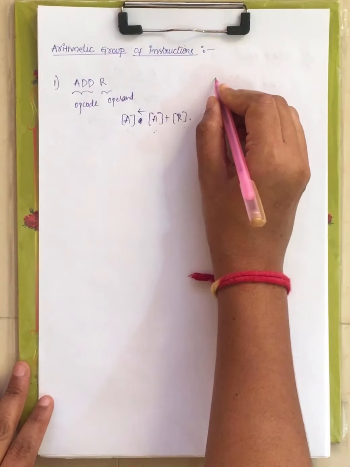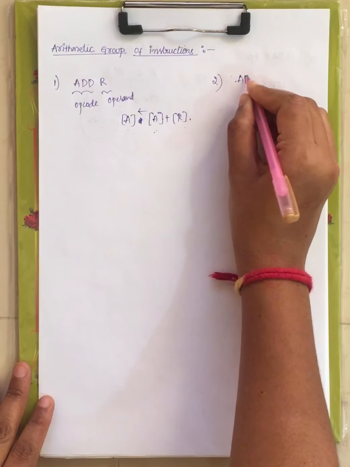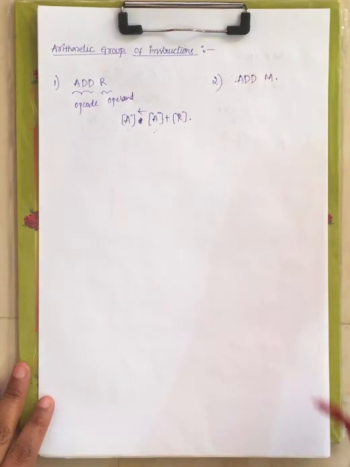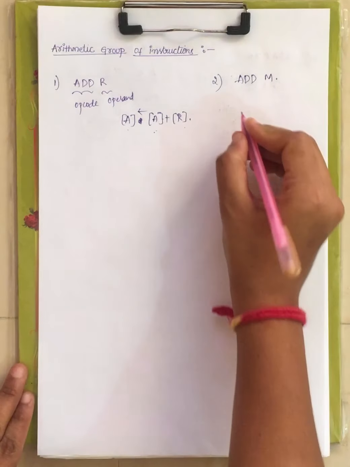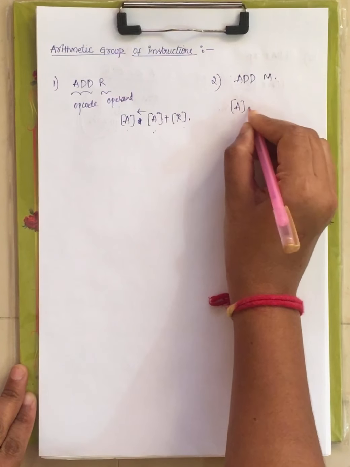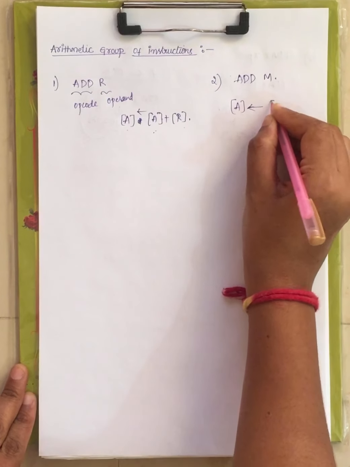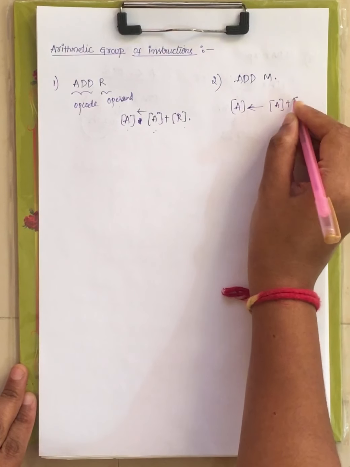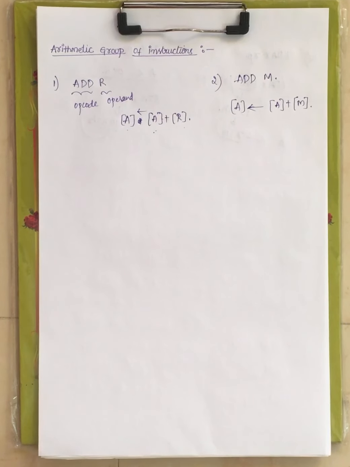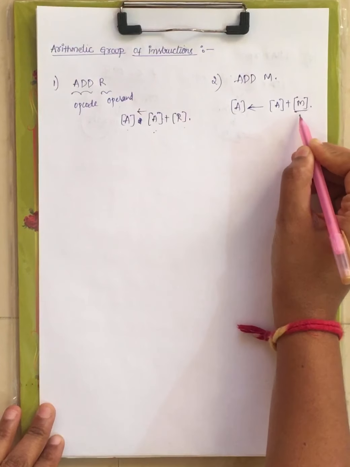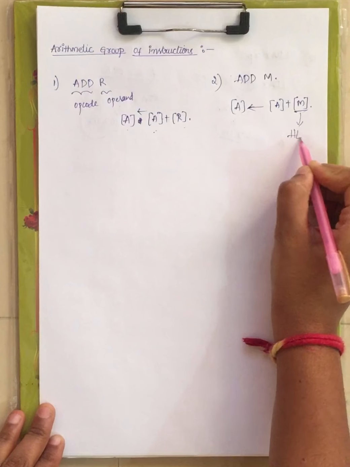Now coming to the second instruction, ADD M. What is M? Memory location. The memory location will store some data. The contents of the accumulator are added with the contents of the memory location, and the result is stored in the A register itself. This memory location is pointed to by the HL register pair.